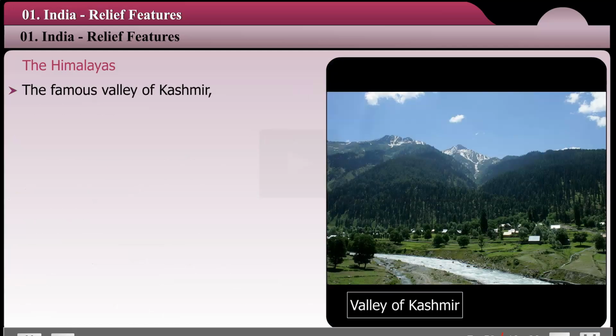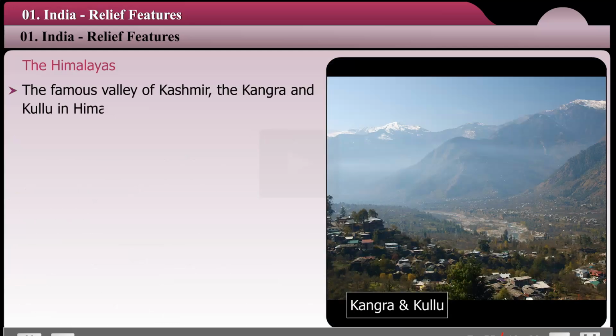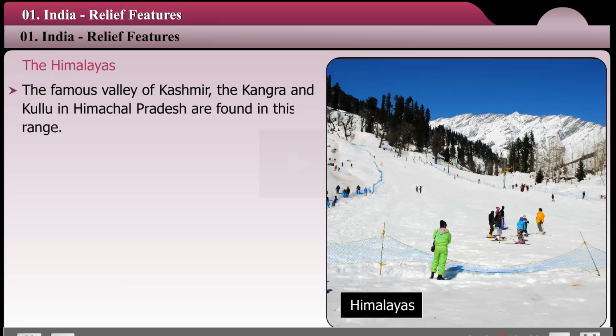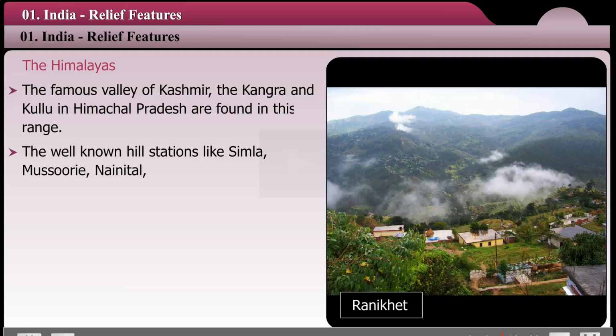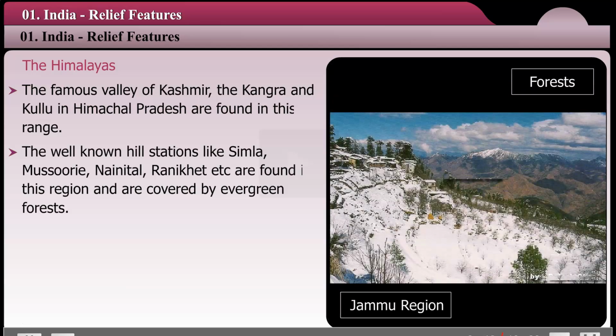The famous valley of Kashmir, and the Kangra and Kulu in Himachal Pradesh are found in this range. The well-known hill stations like Simla, Mussoorie, Nainital, Ranikhet, etc. are found in this region and are covered by evergreen forests.